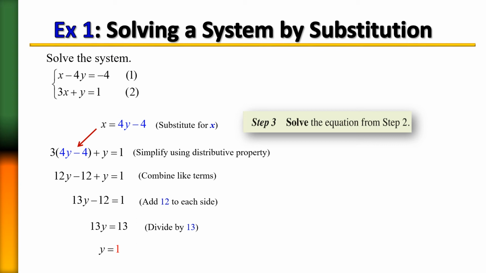In order to find x, all we need to do is plug that y, the value that we know, into either of the equations. We can plug it into equation number 1, the original equation here. We can plug it into the original equation number 2, or we can even plug it into our new equation we created, which is called number 3.